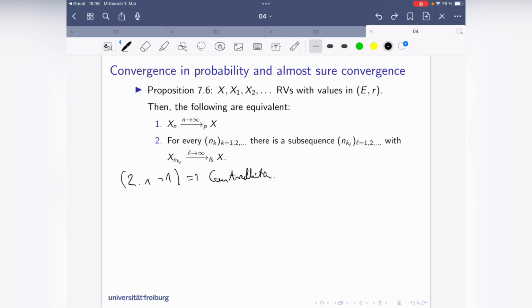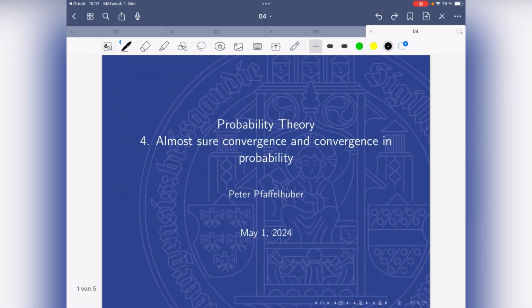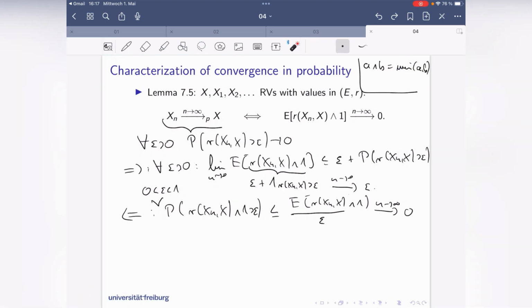Because 2 holds, typo here, no, because 1 does not hold. So that's why I have to start, because 1 does not hold. X_n does not converge to X in probability, which means, okay, so this does not hold here, which means this here does not go to 0, so there's a subsequence which converges to something bigger than 0.